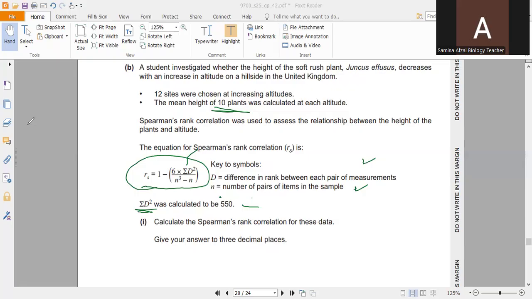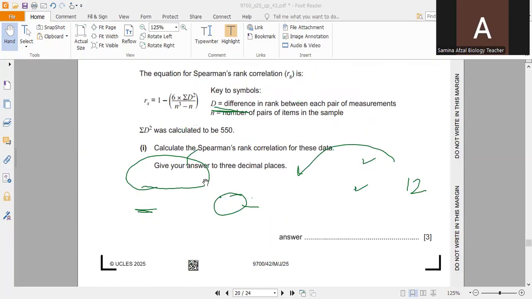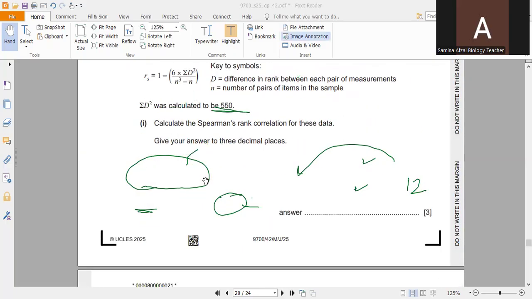Here you can see that 12 sites were used, so n is 12, and for Σd² they have given 550. We will make use of these two values to find the Spearman's rank correlation.